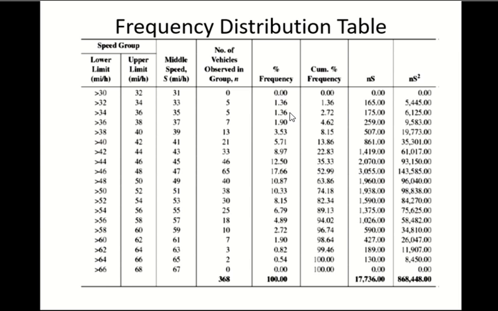The second group, right, which starts from 32. And what about the end of the data? 66. So if I remove the group 66 to 68, and if I remove the group 30 to 32, it will not have any effect on my values, the data.